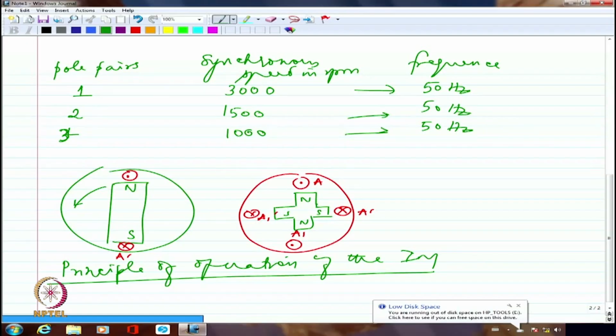I am going to assume that the rotor is short circuited. If it is a cage rotor, it is already short circuited. If it is not a cage rotor, if it is a slip ring rotor, externally I have brought out 3 terminals. Those 3 terminals have to be short circuited. If it is not short circuited, the induction motor will not start rotation. I need to short circuit it.